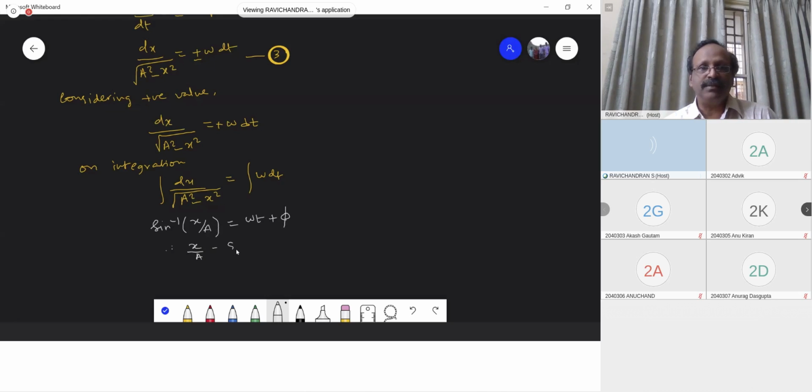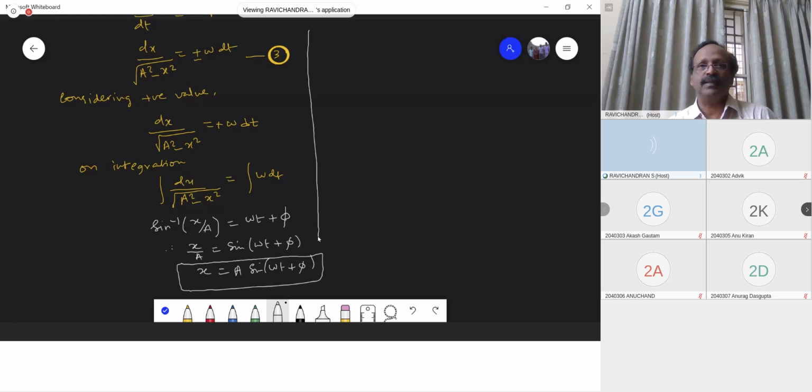I've multiplied by sine on both sides, sine inverse and sine will cancel, and you get this much. Therefore, x is equal to a sine of omega t plus phi, where phi is the initial phase, with units of radian.